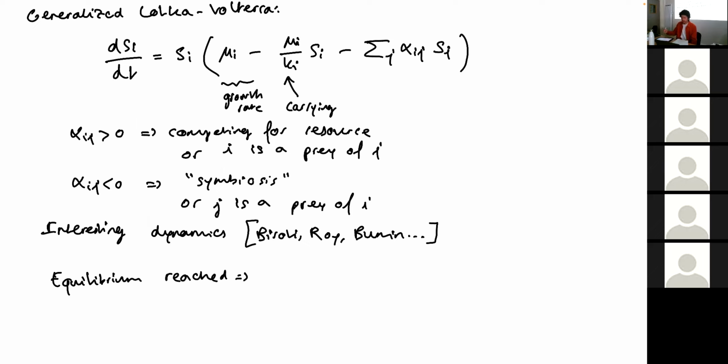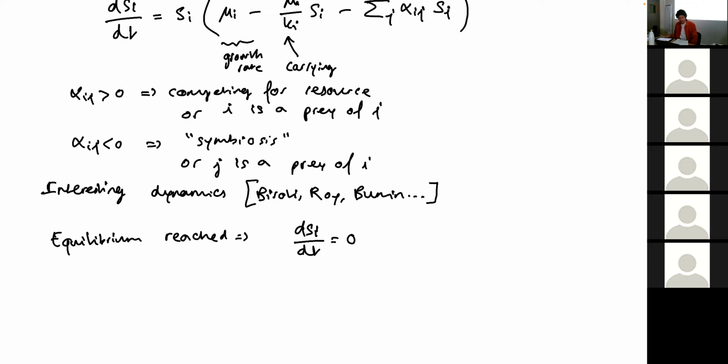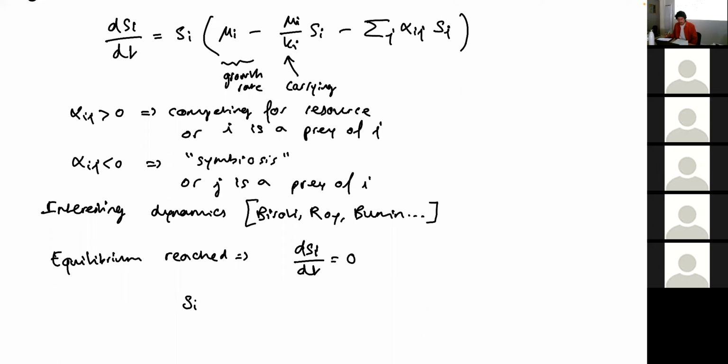And so this means that we're looking for solutions satisfying the steady state. Okay, and so in this case, you can see quite easily by looking at the equation that really this amounts to solving a linear system. So you need to invert some matrix C. You still have your growth rates.